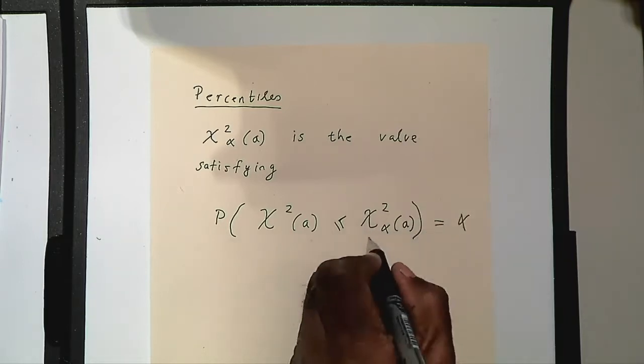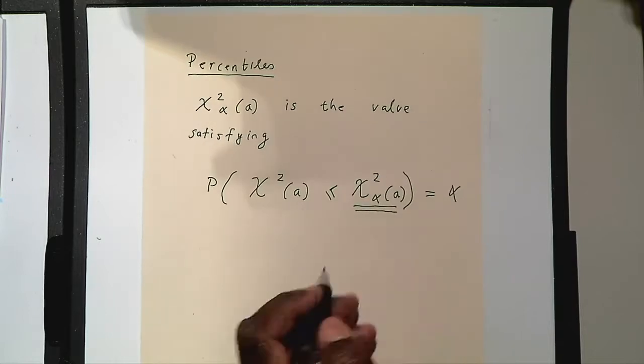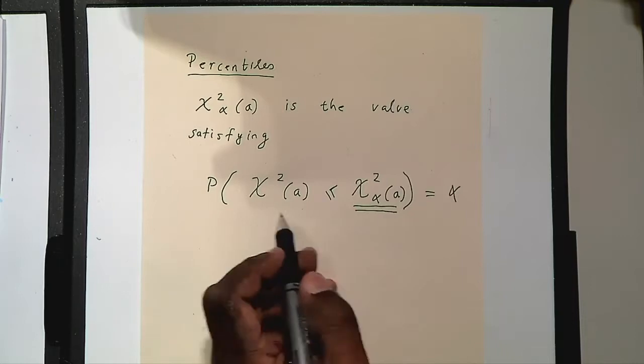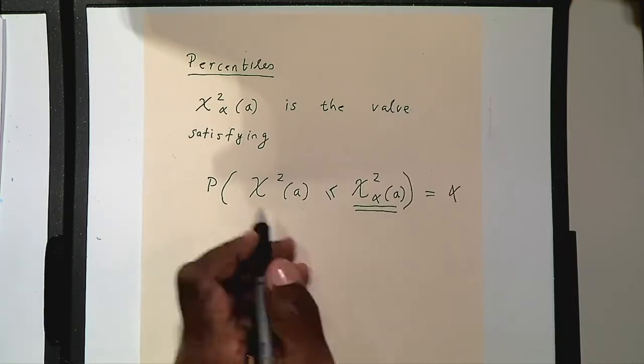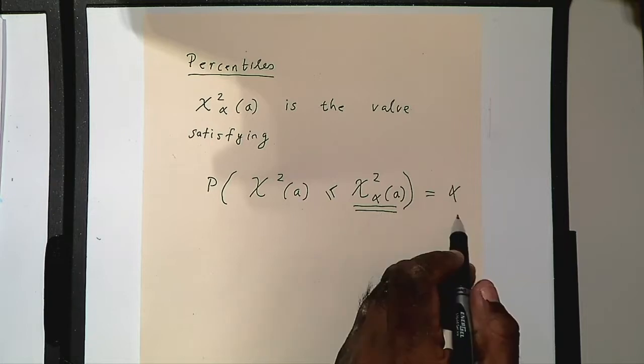This notation, chi-squared alpha with a as a subscript, is the value for which the probability that a chi-squared variable is less than or equal to this value is alpha.